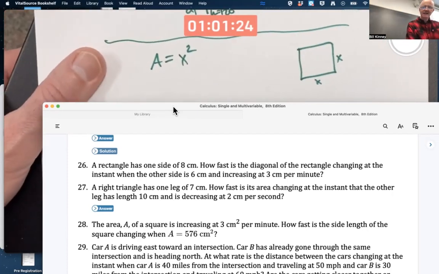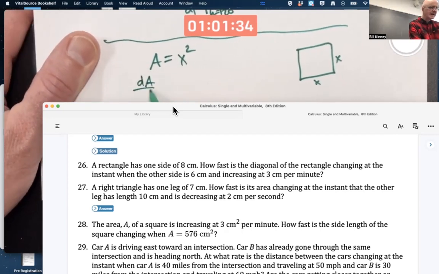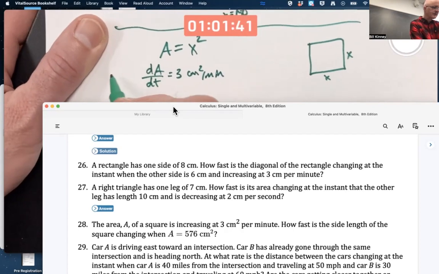How fast is the side length changing when the square is 576 square centimeters? We're told the area is increasing at a rate of 3 square centimeters per minute. dA/dt is 3 square centimeters per minute. That's a given.